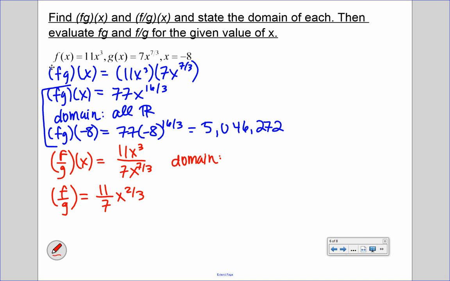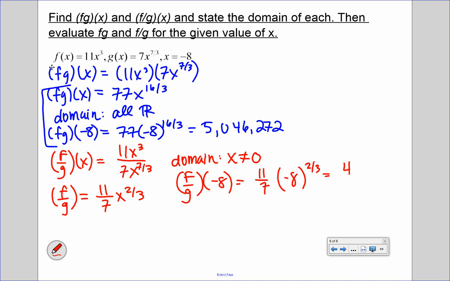So that one's just x cannot equal 0. And then lastly, f divided by g of -8. So we'll do 11 over 7 times -8 to the 2/3, which is going to give us 44 over 7.